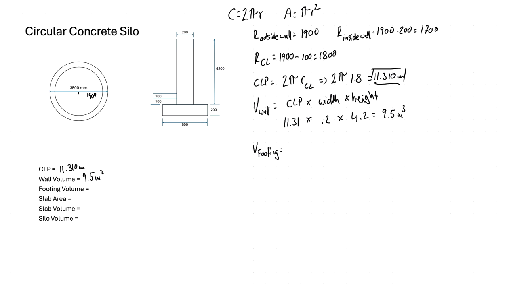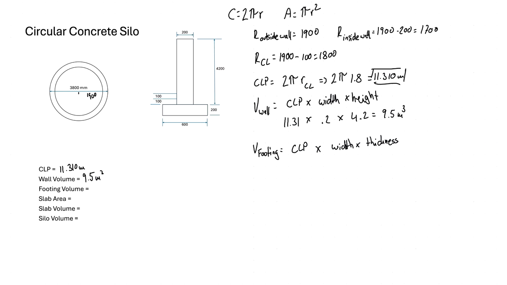So we have our center line perimeter as our length. We have our width. And we have our height. And I'm just going to call it thickness here because to me that makes more sense, but it is exactly the same thing. Right? We have our width and our thickness right here, and the center line perimeter is the same as we've already figured out.